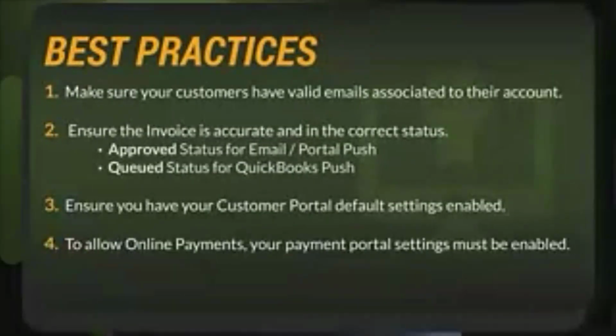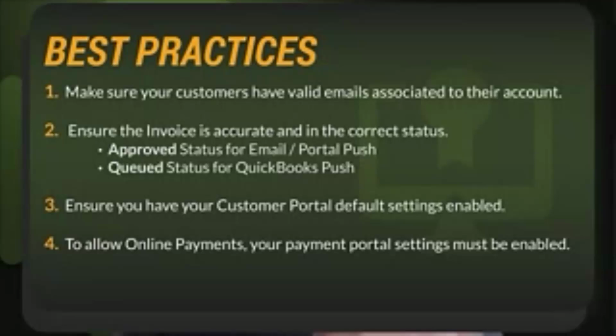All right, so with that being said, we've covered a few of the different ways to send out the invoices once they're generated. As a reminder on some of these best practices, very key: make sure the customer has a valid email associated with their account within the CRM, so that they're actually receiving the invoice. At the same time, make sure the invoice status is not in pending or in review.